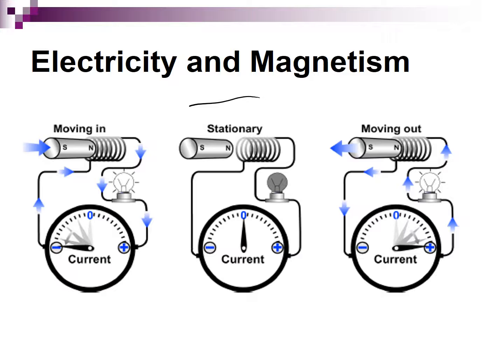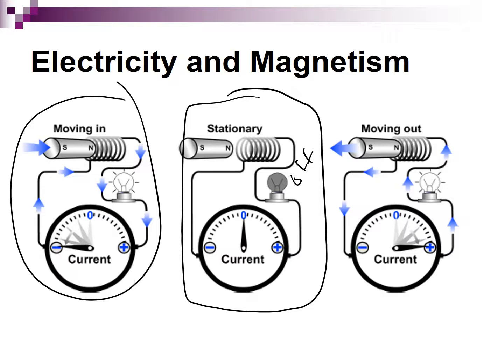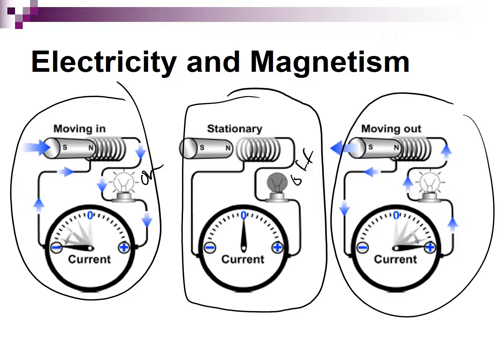I want to go through this one first. You see the lights are off because it's stationary, nothing's moving through the coil, so the current is 0. Now once we start putting the magnet into the coil, we see that the current changes. We have this negative value of current and the lights are on. Same thing goes if you're taking it out. It's still on and the current goes in the other direction.